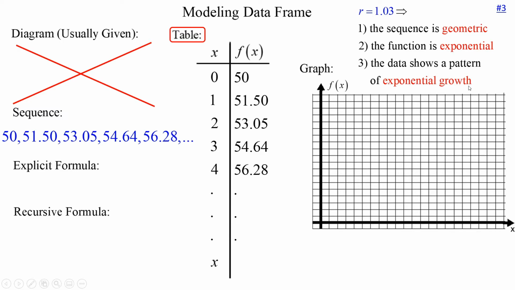Okay, let's scale our graph so we can plot the scatter plot. All right, so now probably you went 1, 2, 3, 4, 5, 6, 7, 8, 9, 10. That's good.